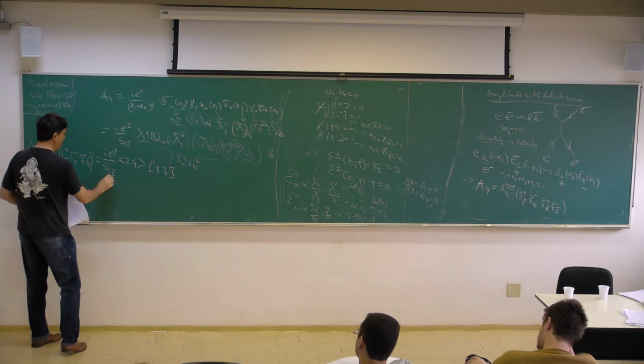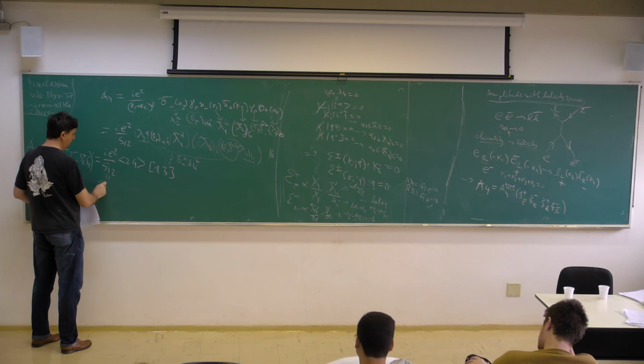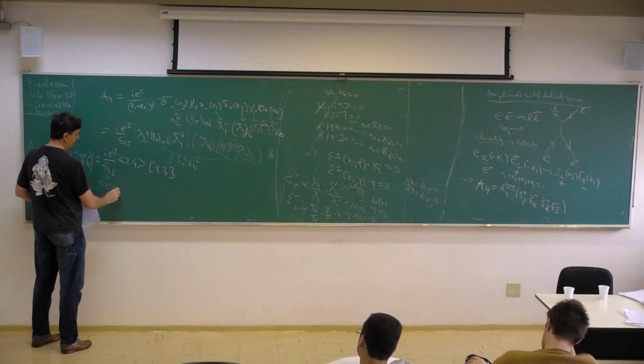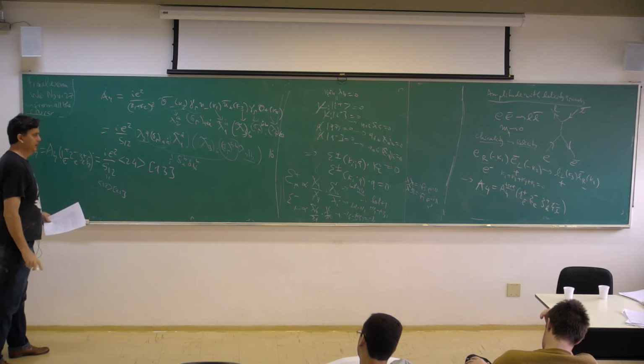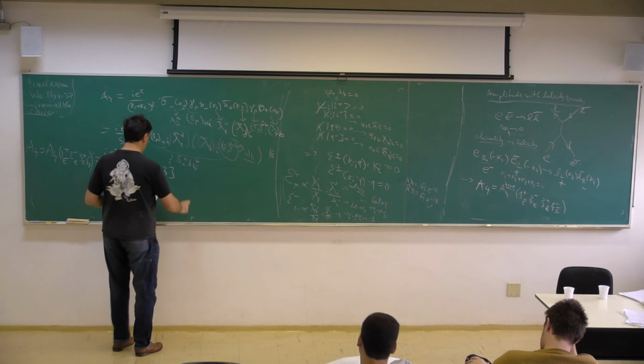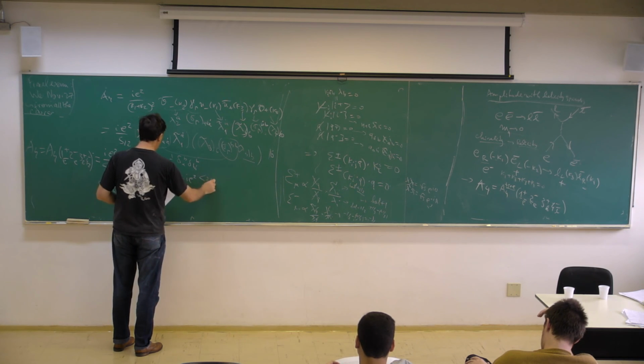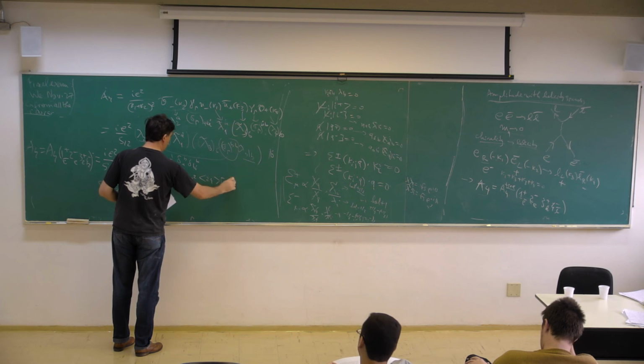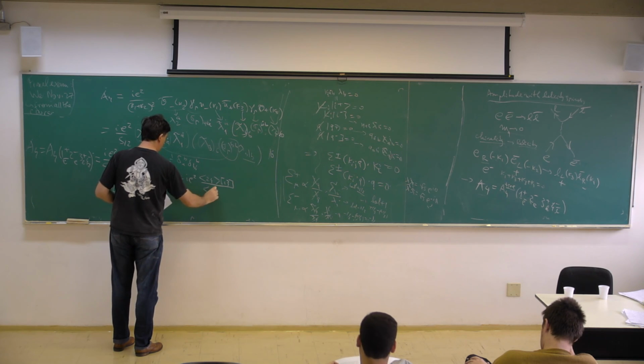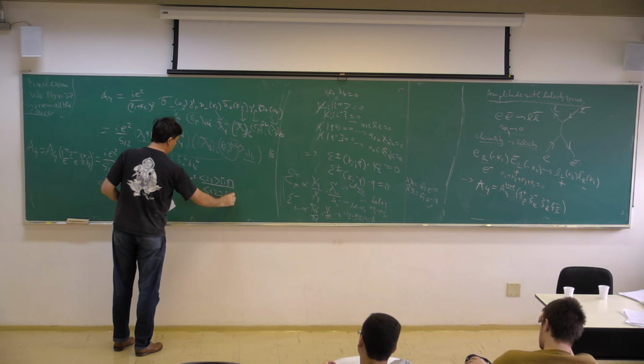And then further, I remember that s12 could be written as angular bracket 1, 2 times square bracket 2, 1. So this is then i e squared, angle 2 4 square 1 3, over angle 1 2 square 2 1.